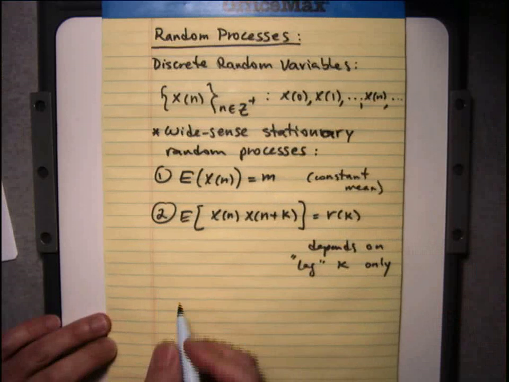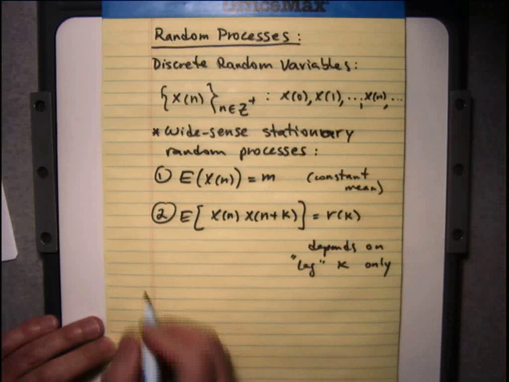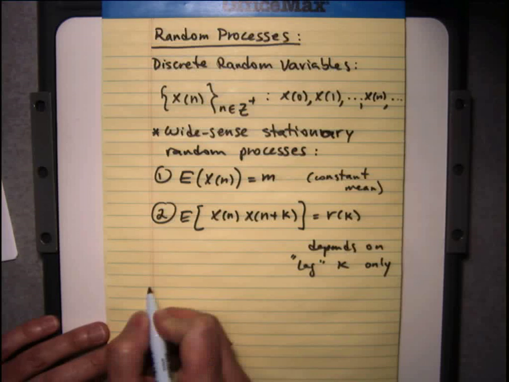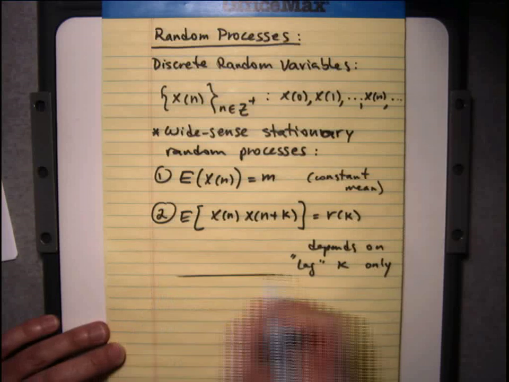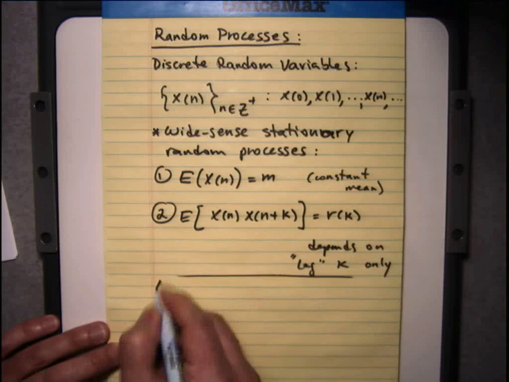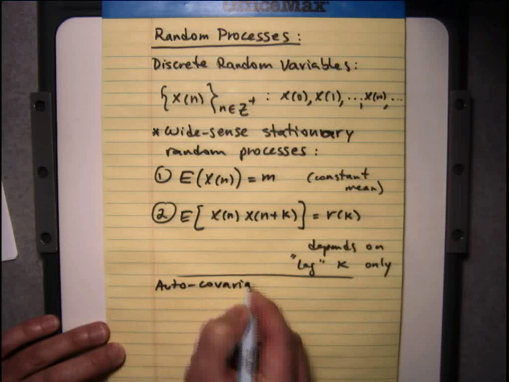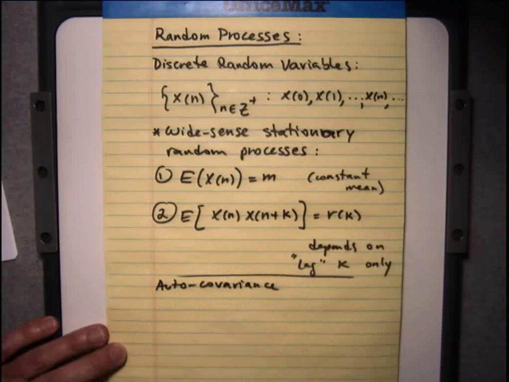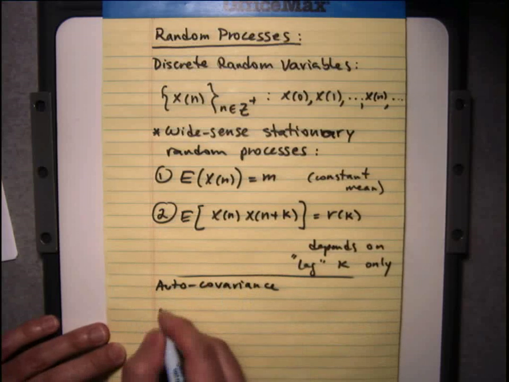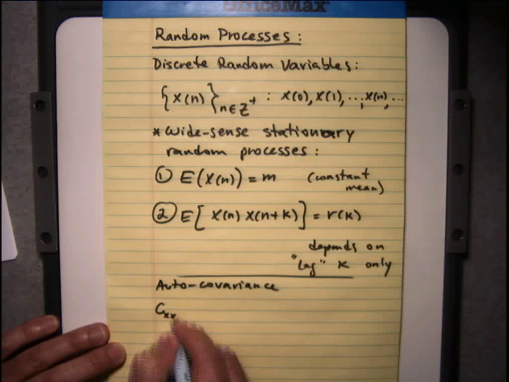So for these wide-sense stationary processes, we define various characteristic functions, one of them being the autocovariance function. The autocovariance function is defined like this, Cxx as a function of k.